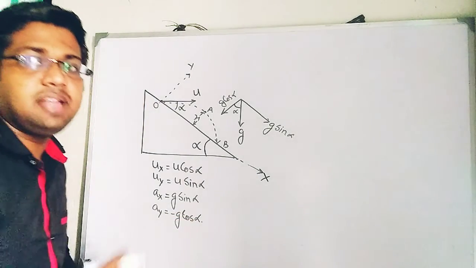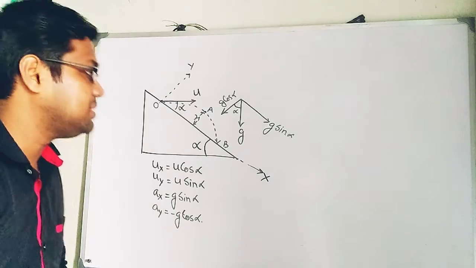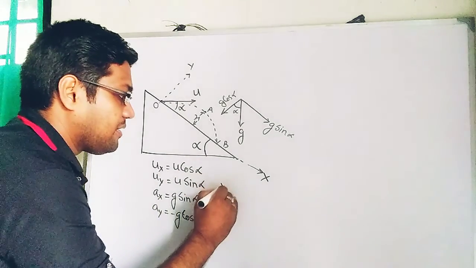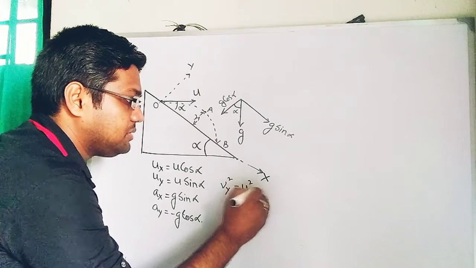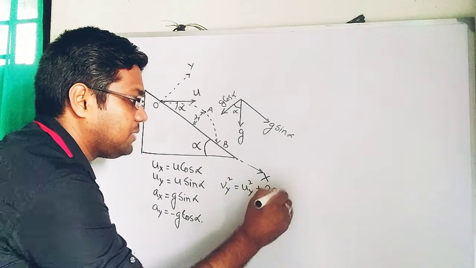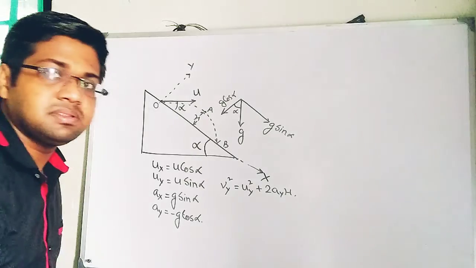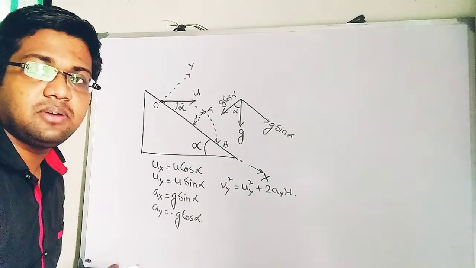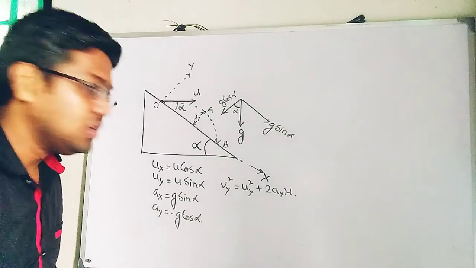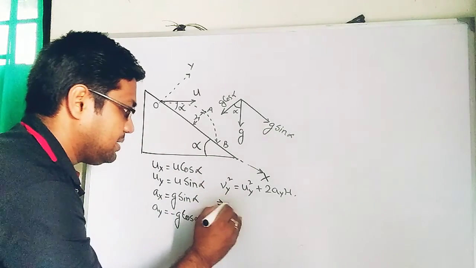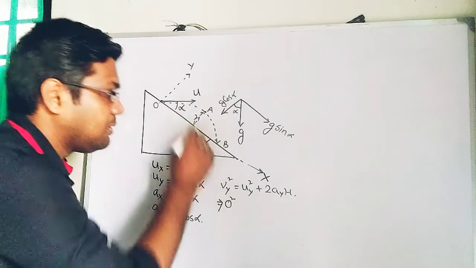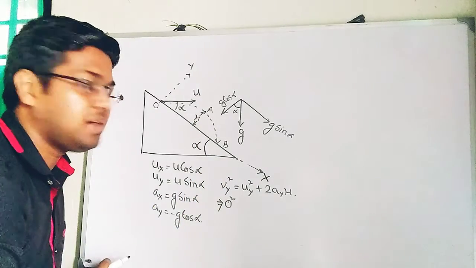If I want to find the maximum height, we know the equation of motion, Vy square equal to uy square plus 2 ay into h, which I have written along the y-axis. Vy is 0 when the particle reaches the maximum height.